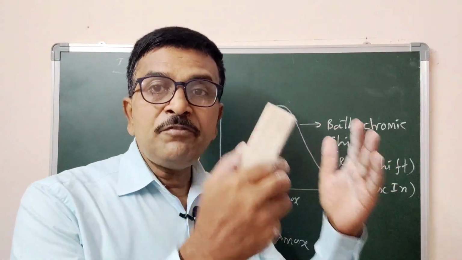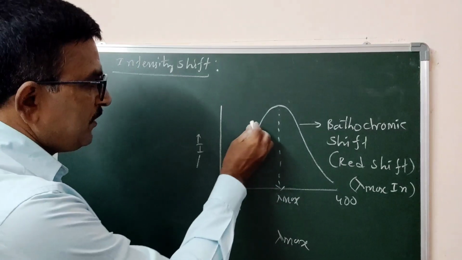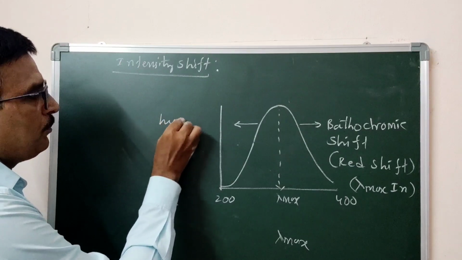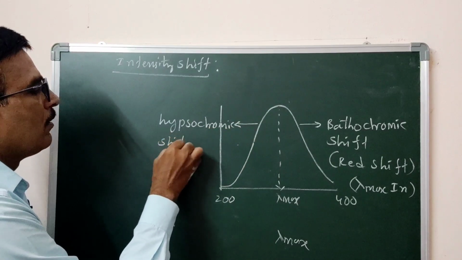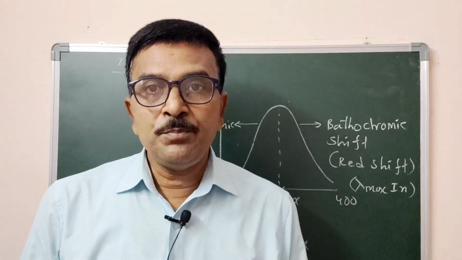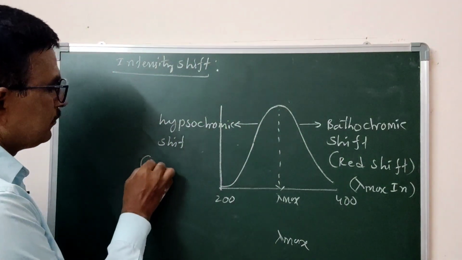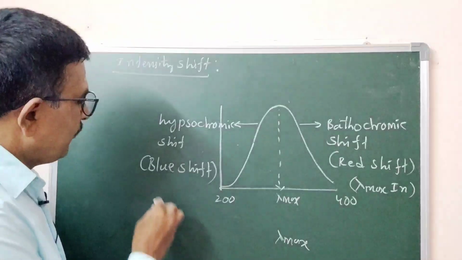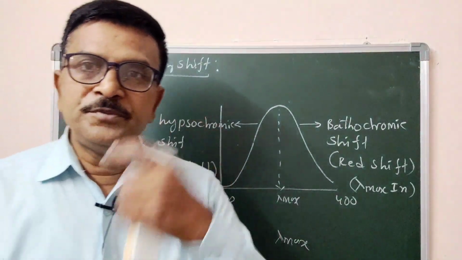If the position of the band in the spectrum is shifted towards shorter wavelength, this is called a hypsochromic shift. Shifting towards shorter wavelength is called a hypsochromic shift or blue shift, where the wavelength of absorption decreases.